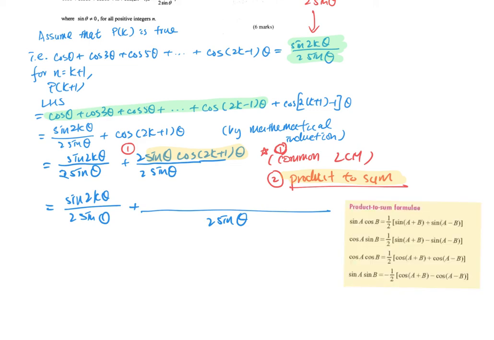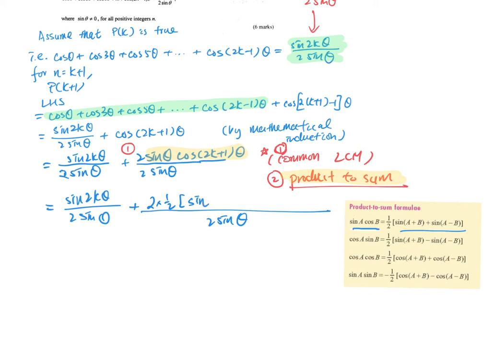When we use the product to sum formula, we use the pattern. Ready? It is the first case, sine A cosine B. Then we simplify: 2 times 1 over 2, and of course you can cancel out the 2 and 1/2 in one step.